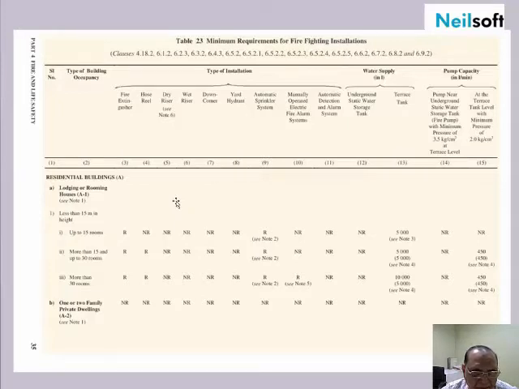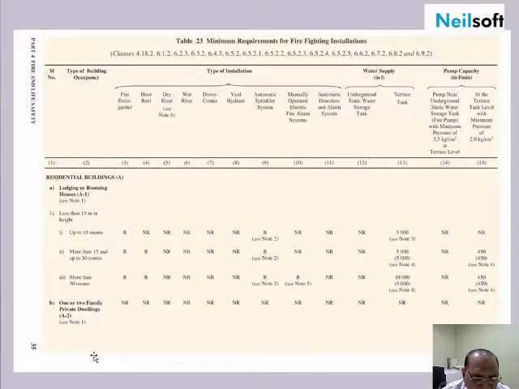Like we have residential buildings, Group A. These are subgrouped with these remarks: lodging and rooming houses in category A1, A2. Likewise, if the buildings have these characteristics, these things will be applied over here.